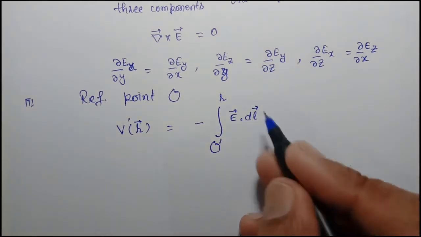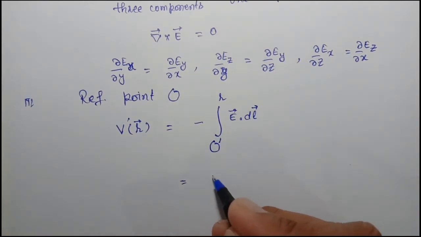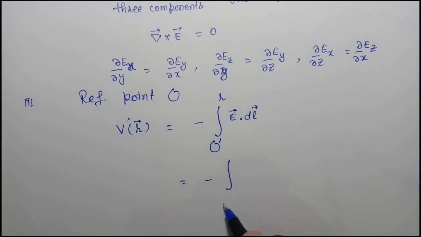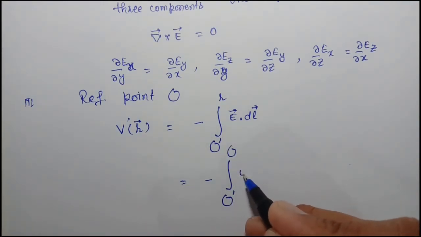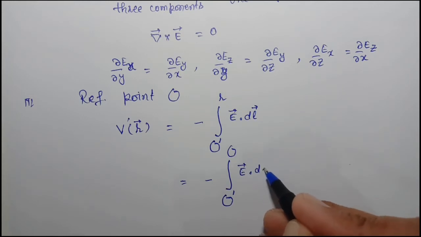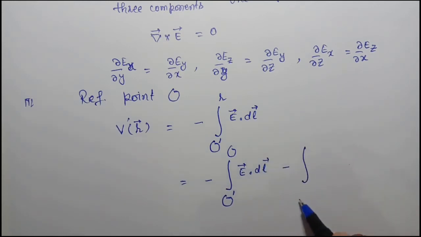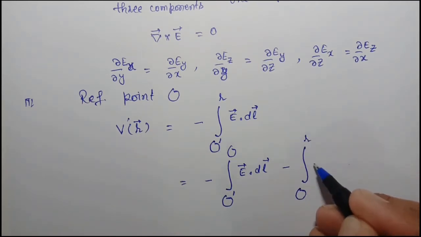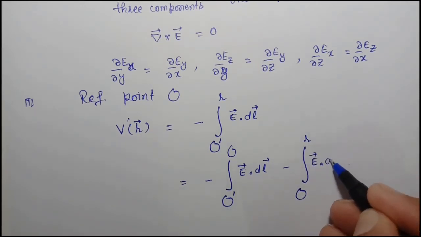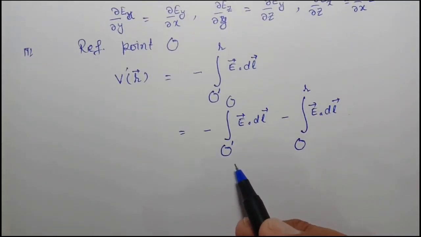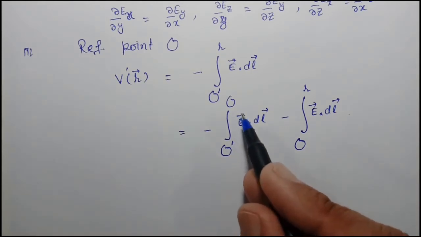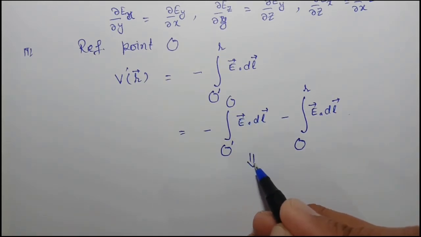Then when we play with mathematics, for example, if we move from this new reference point to the old reference point through O dash to O, and here we have E dot dl, minus O to R, and here we have E dot dl. Then this limit, that is when we move from the new reference point to the old reference point, is some constant.